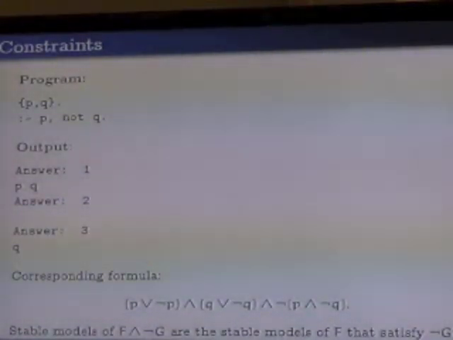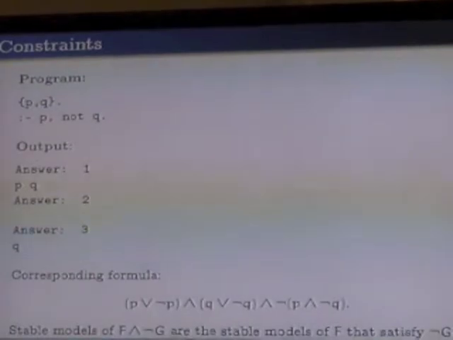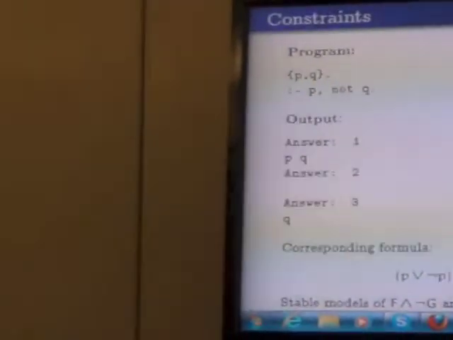What this rule says, intuitively, is that you should drop from the collection of stable models that you formed from the rest of the program those stable models that violate the constraint, in other words, that satisfy the body of the rule.